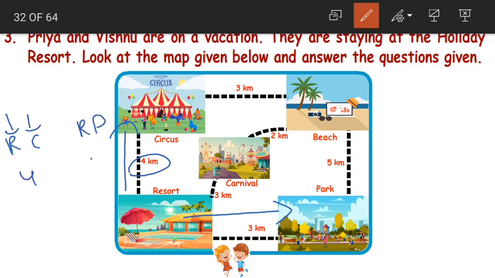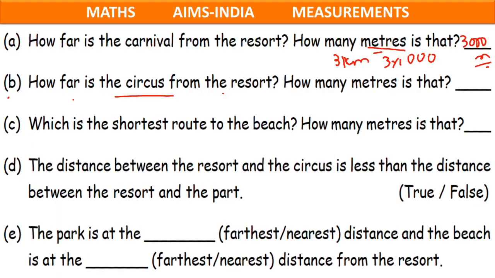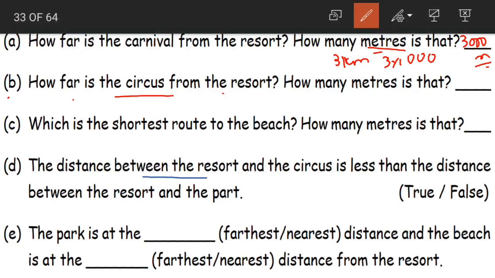Resort and park is 3 kilometers. Now which is the smaller one? Resort and circus is greater than the distance between resort and park. But here in the question they have given that it is less than. So the statement is false.